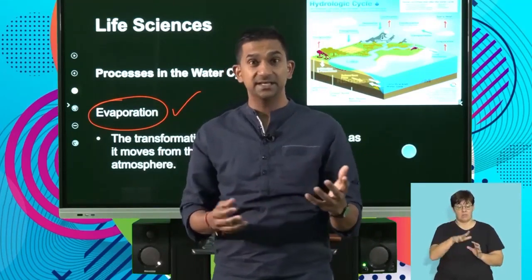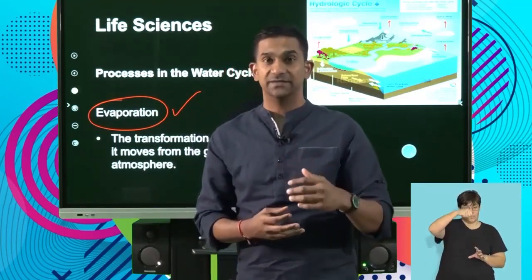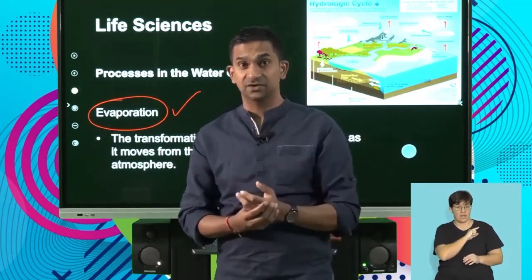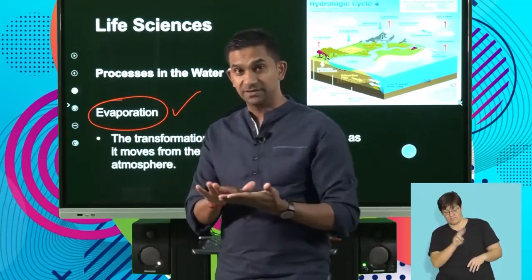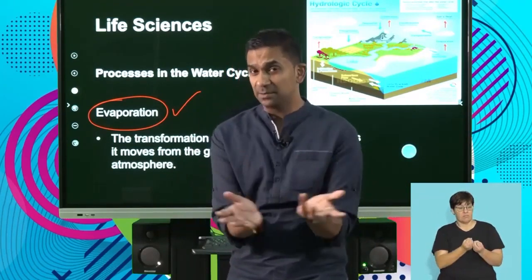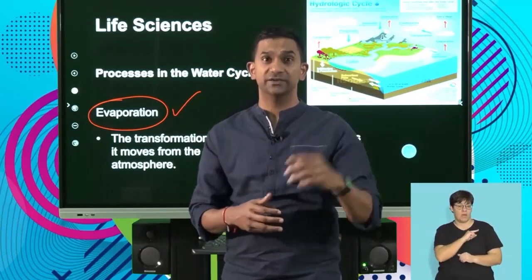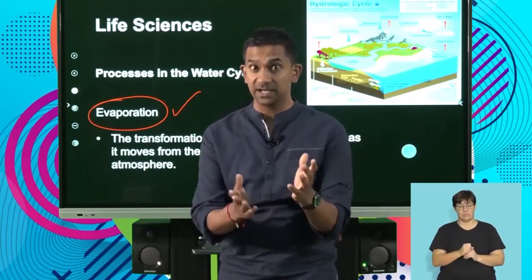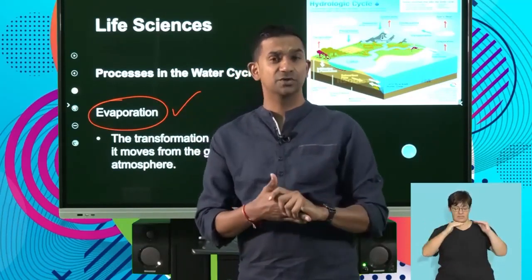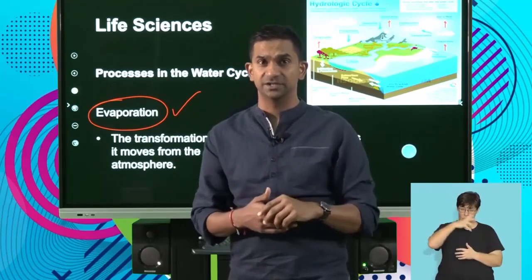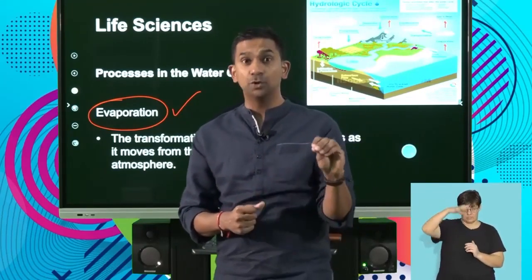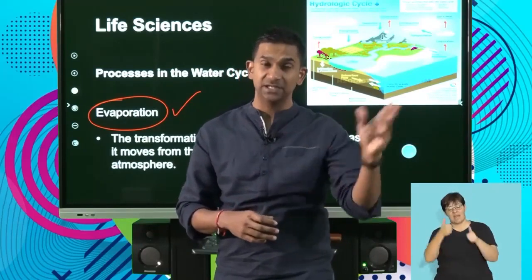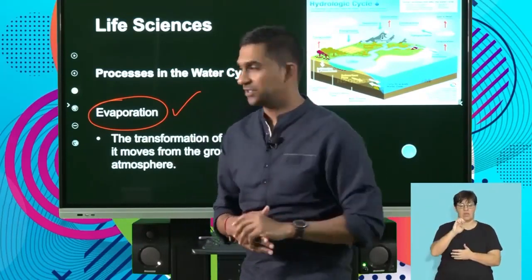Evaporation is essentially the rising of the water, and that water is as a result of the surface water that we see on Earth. So a large amount of water is lost during evaporation. Many of our dams lose a significant amount of water every year through evaporation. So a significant component that returns water back into the cycle is evaporation.